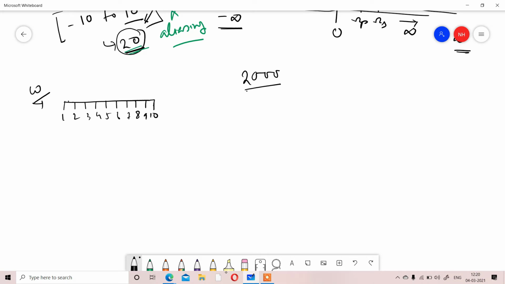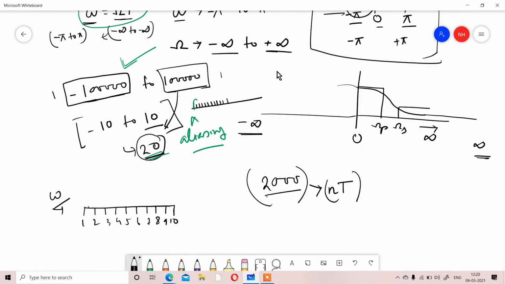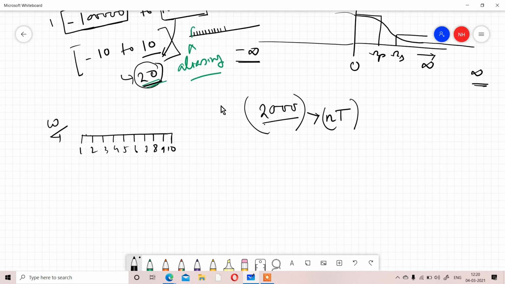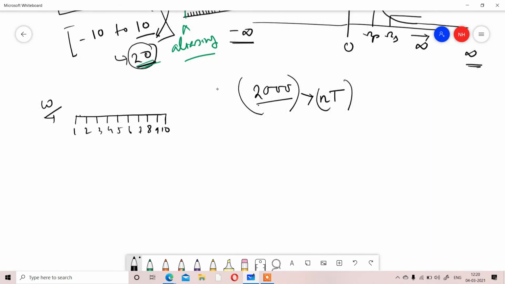So those 2000 analog values will be sampled by T. You can check here that omega equals omega T, that means the analog range is sampled by T. So if we sample those 2000 values, you will have 2000 points here, 1 to 2000.